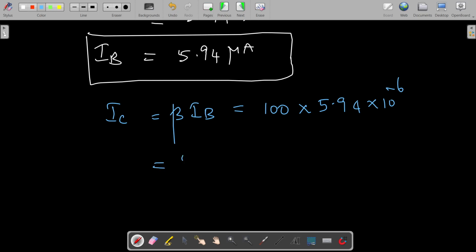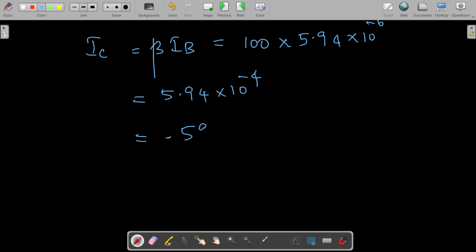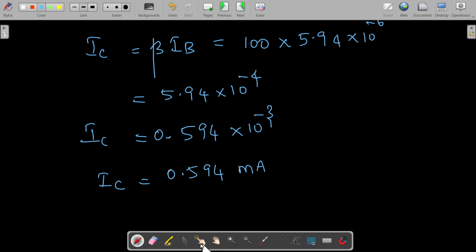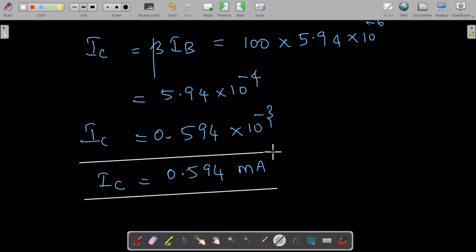So you get this as 5.94 into 10 power minus 4, that is 0.594 into 10 power minus 3. So IC is equal to 0.594 milliamps. So we got our answer here. So we have calculated IC.